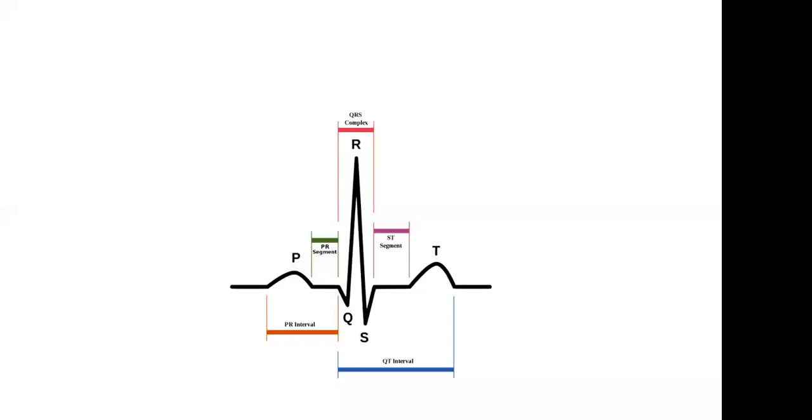And when they relax, they are refilled. So this is a part of the cardiac cycle. The QT interval, as I told you, is very sensitive and it has not to be disturbed to avoid any ill health of the ventricles.